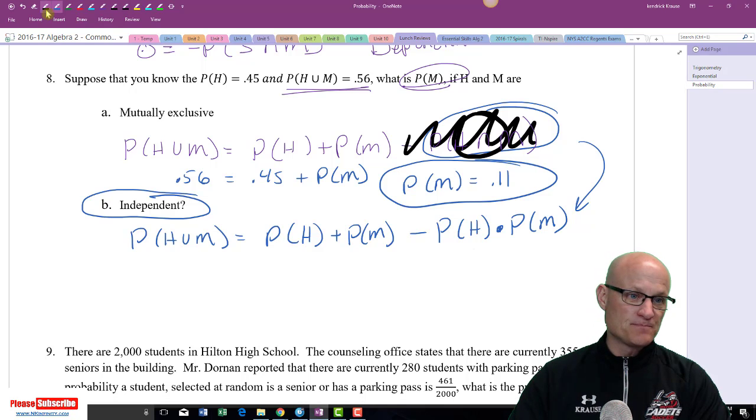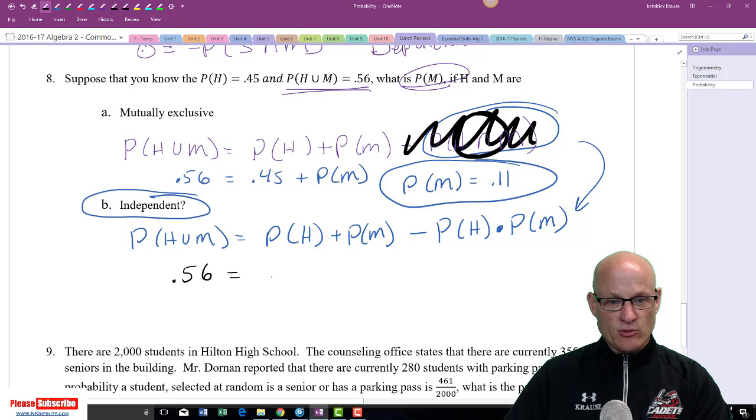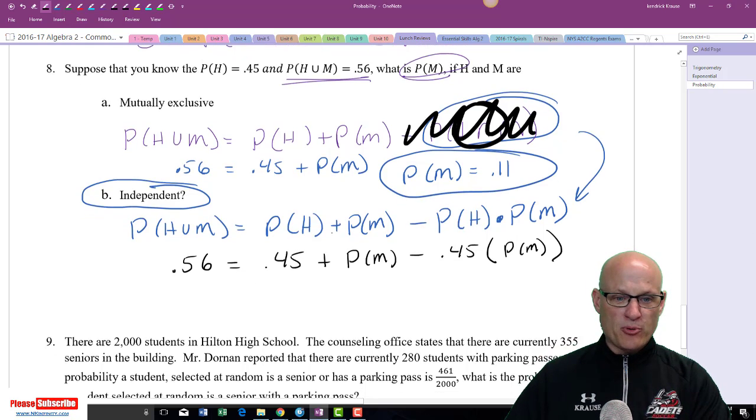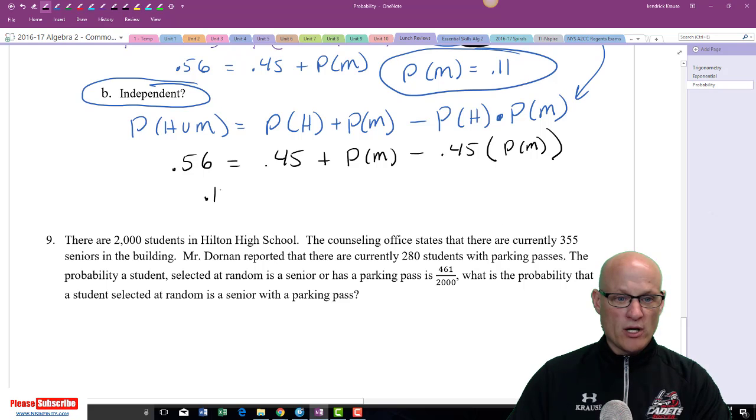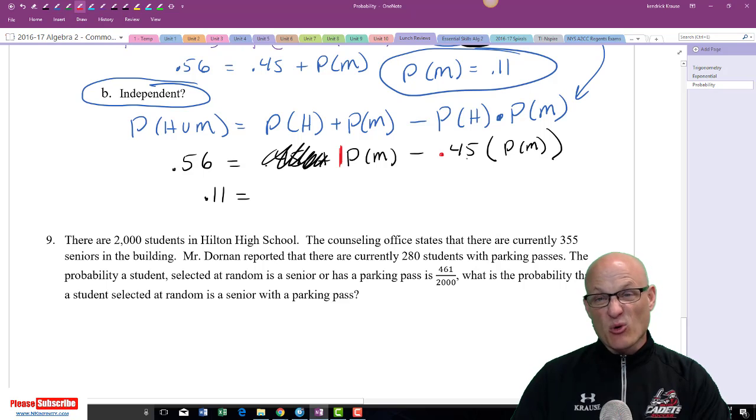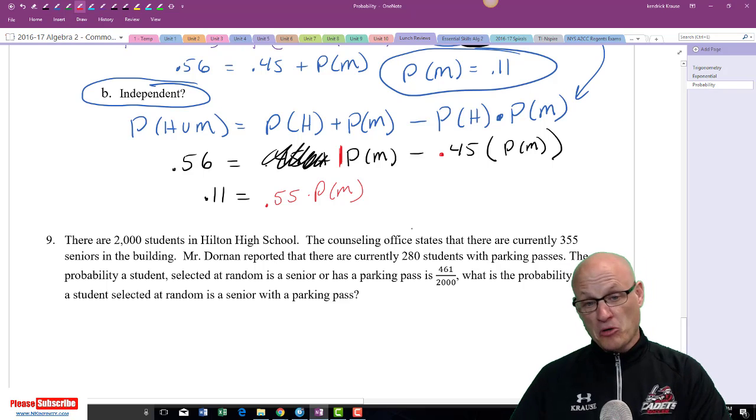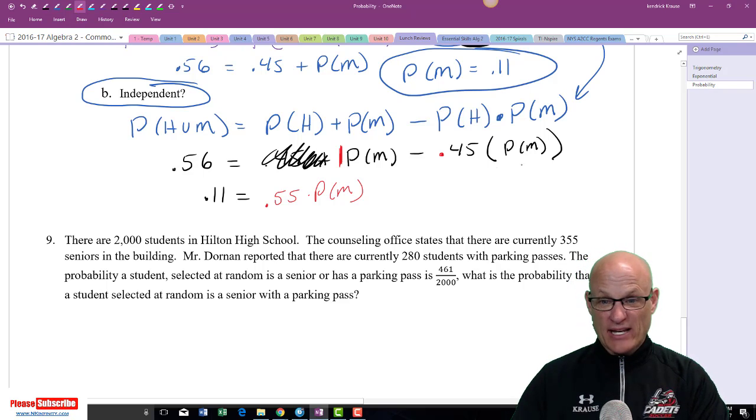All right, let's put the stuff in. 0.56 is equal to 0.45 plus the probability of M, I don't know that, minus 0.45, because I know that, times the probability of M. Well, I can move this 0.45 over, and I get 0.11 is equal to, now here comes the tricky part. 1 probability of M minus 0.45 probability of M is really equal to 0.55 probabilities of M. Because this is like 1x minus 0.45x.